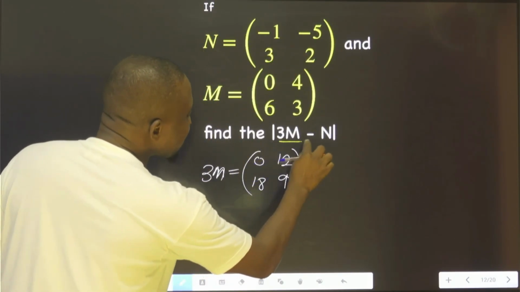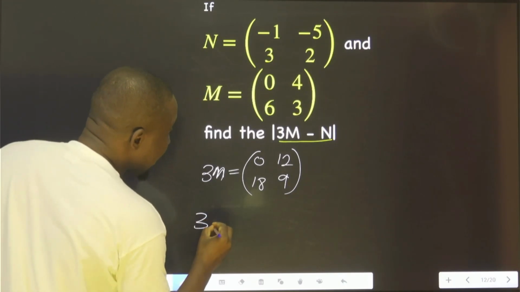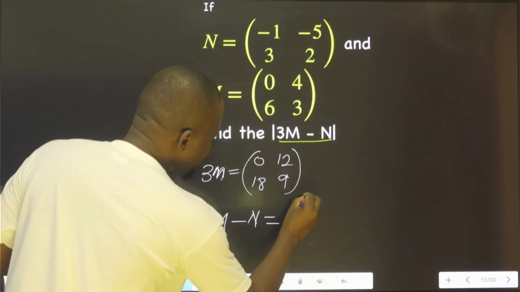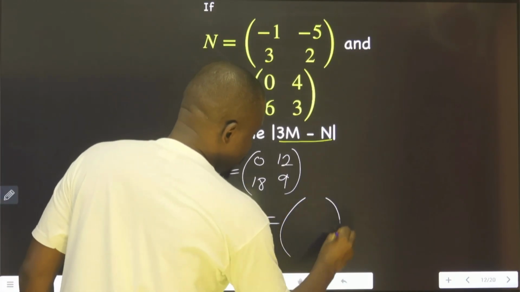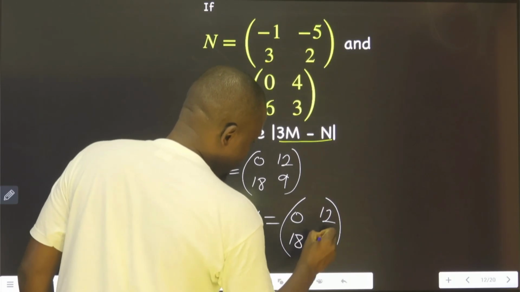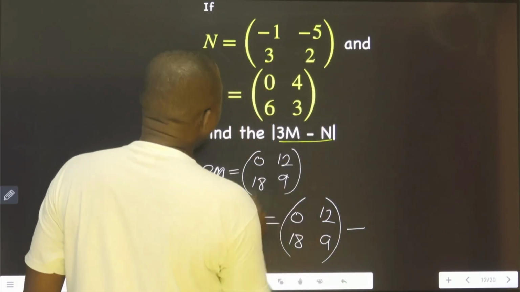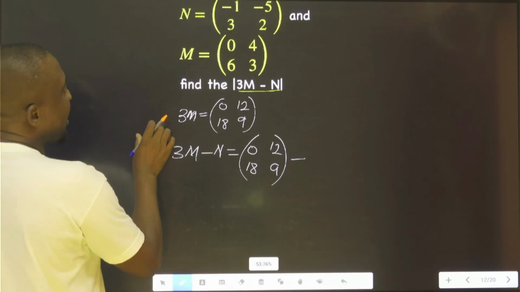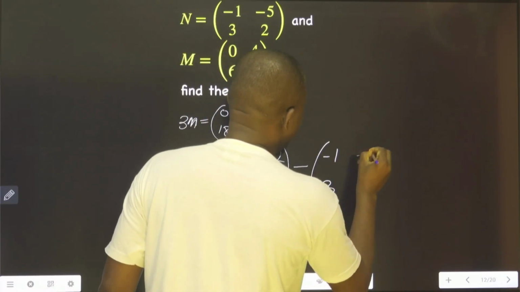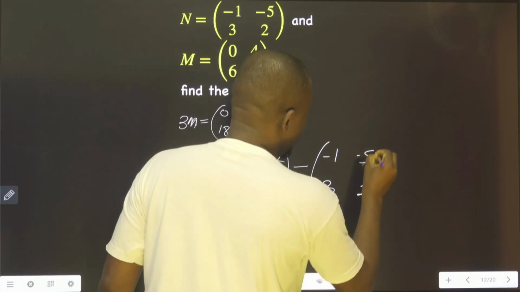So to get this one now, 3m minus n, we're going to do this minus n, minus this n. And this n is what? Minus 1, 3, minus 5, 2.